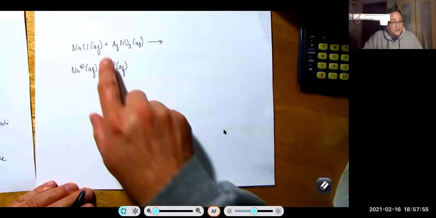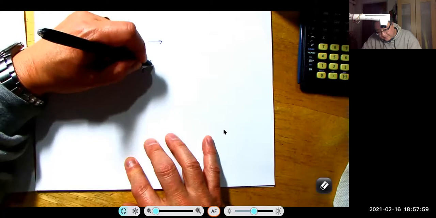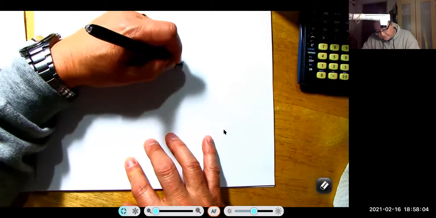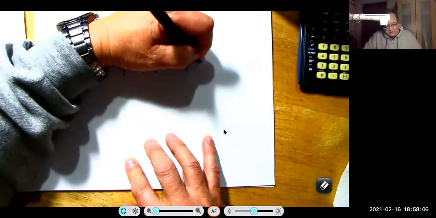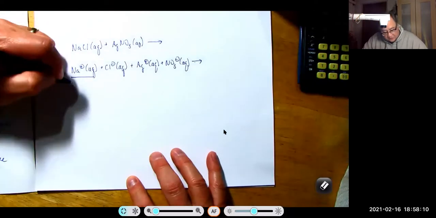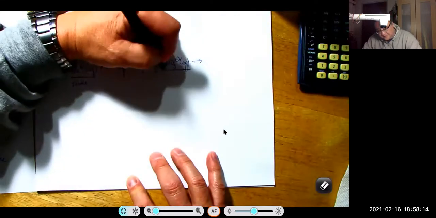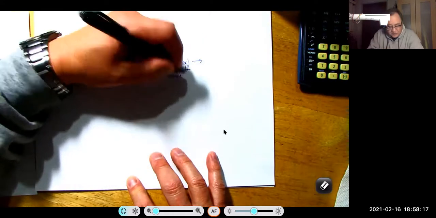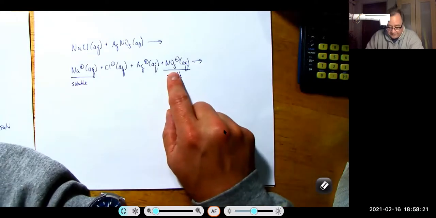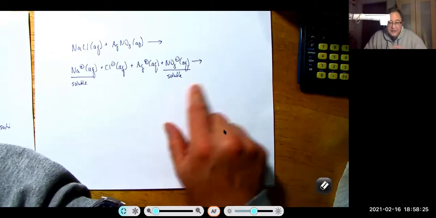We know that when silver nitrate dissolves, you get silver ions and nitrate ions. Okay, now our solubility rules say that this is soluble. And they say that this is soluble. So compounds with sodium in it are soluble. Compounds with nitrate in it are soluble. So since these are soluble, nothing happens to them.